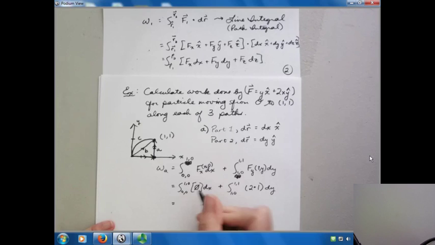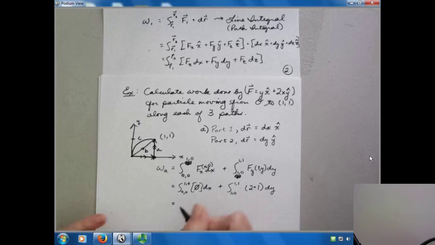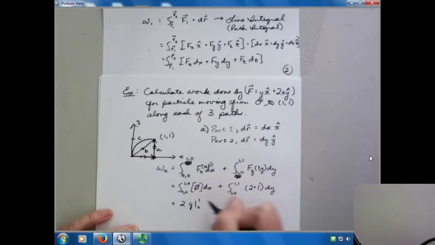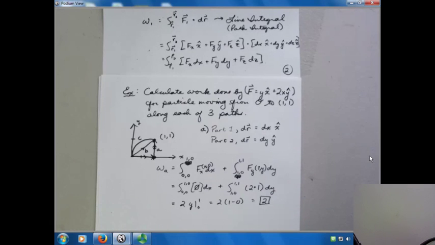Okay, so obviously my first integral is 0. My second integral is 2 dy, where y goes from 0 to 1. So it's just 2 times y, which I have to evaluate from 0 to 1, or 2 times 1 minus 0, or 2. Okay.